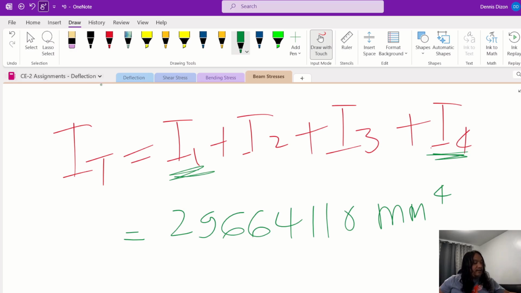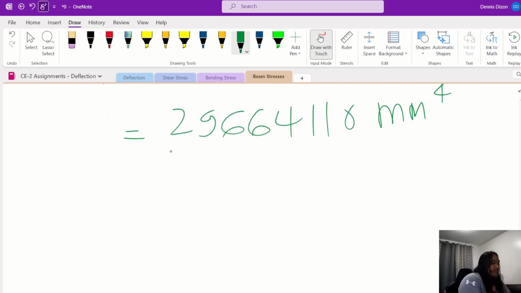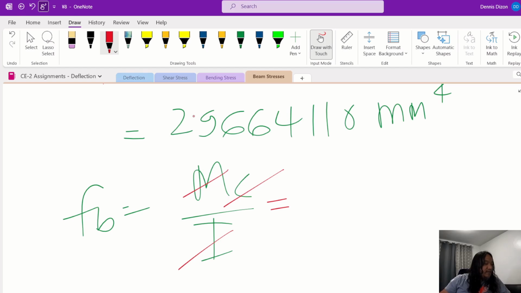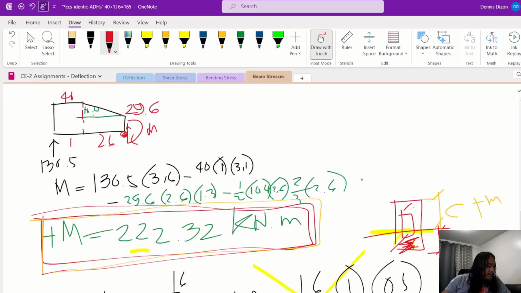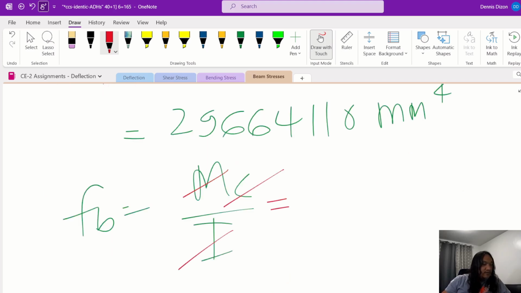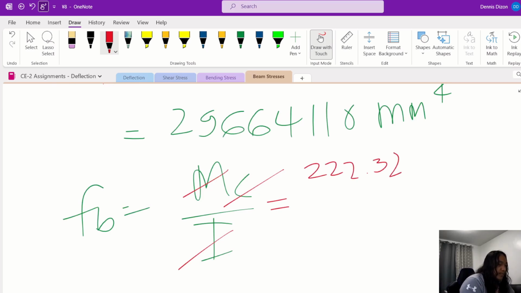So we already have the maximum flexural stress FB equal to MC over I. We already have the moment, the C, and the I, so we can just simply substitute. M is equal to 222.32, and this is in kilonewton meter.